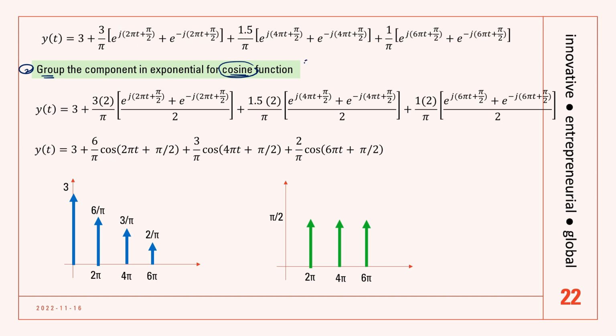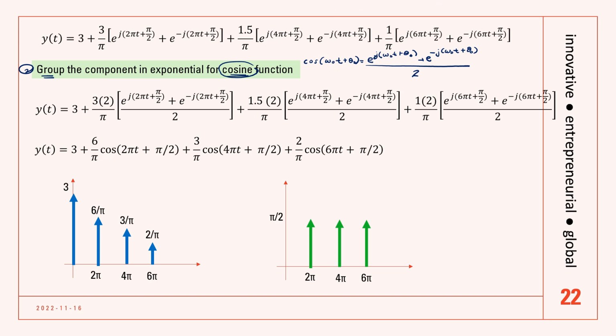If you still remember, cos of omega naught t plus theta naught is always exponential j omega naught t plus theta naught plus e to the minus j omega naught t plus theta naught, and then divided by 2. So this is for cos, right?